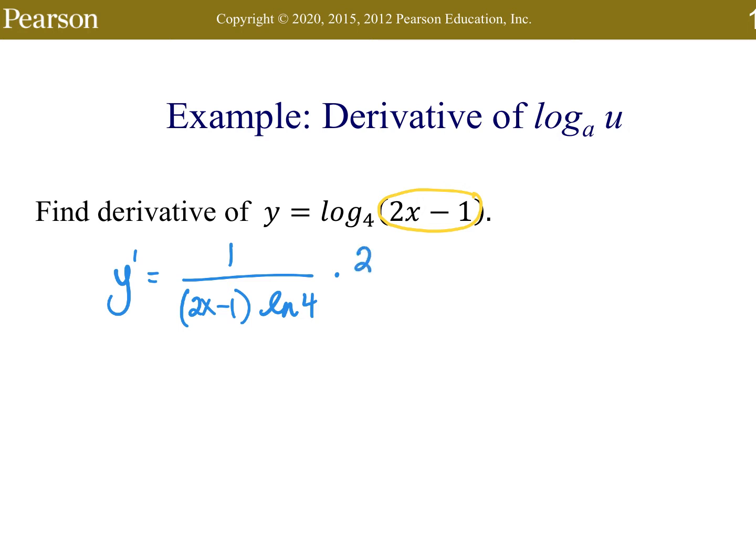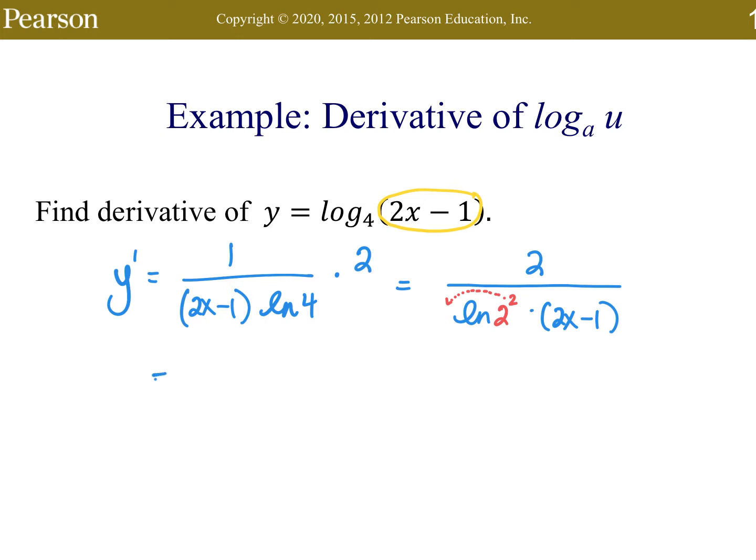Now the rest is just cleanup. My numerator has a 2. I'm going to put my ln 4 in the front. And then I've got a 2x minus 1. The reason I put my ln 4 in the front is what we talked about yesterday about the number 4. The number 4 is a power. It's 2 squared. And remember that with logarithms, you can pull that power out to the front of your logarithm.